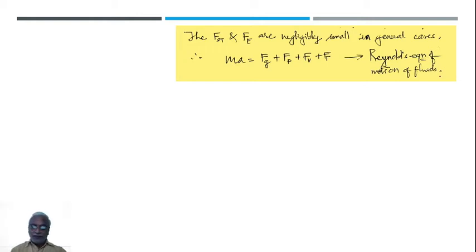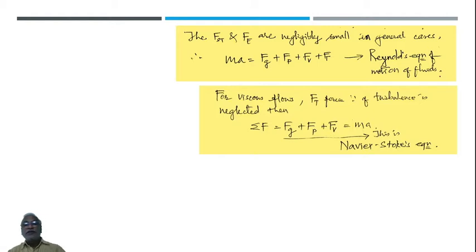Now, a further simplification you can make is for viscous flows, meaning laminar flows. In the case of laminar flow, turbulence forces are neglected. Because turbulence is neglected, one more term disappears. You have sigma F equal to Fg plus Fp plus Fv, which is equal to Ma.